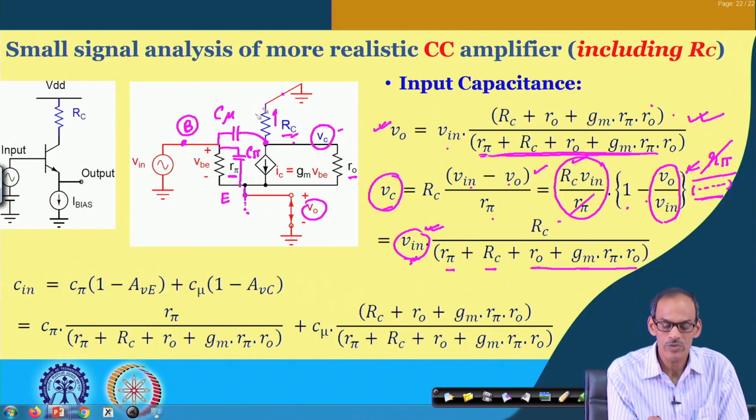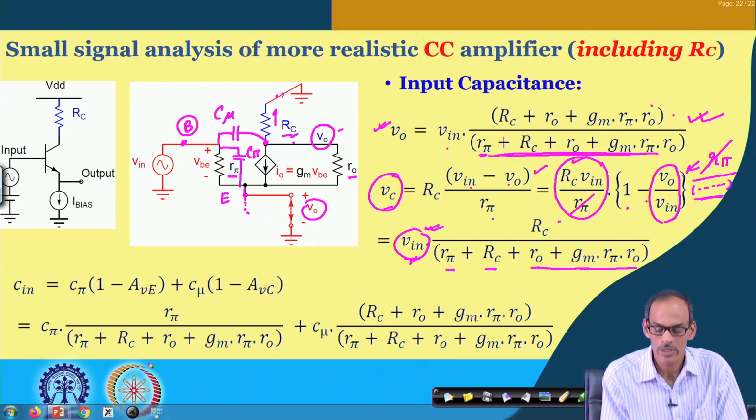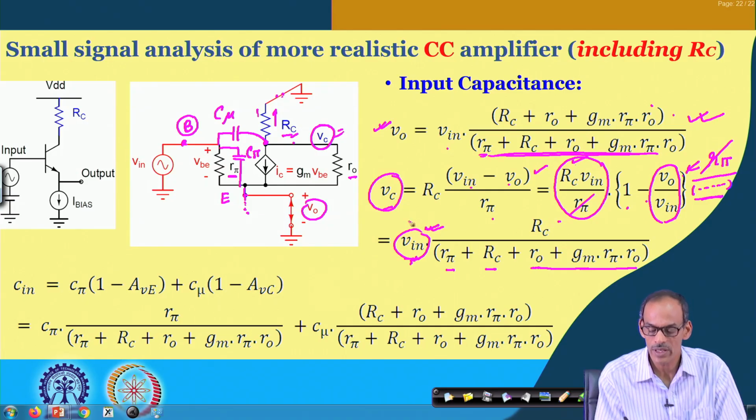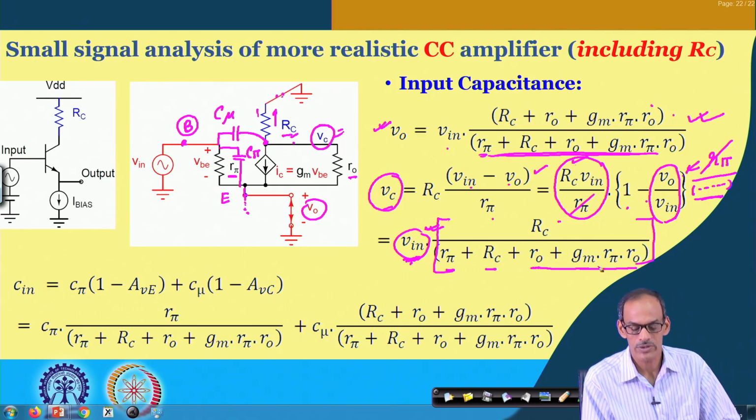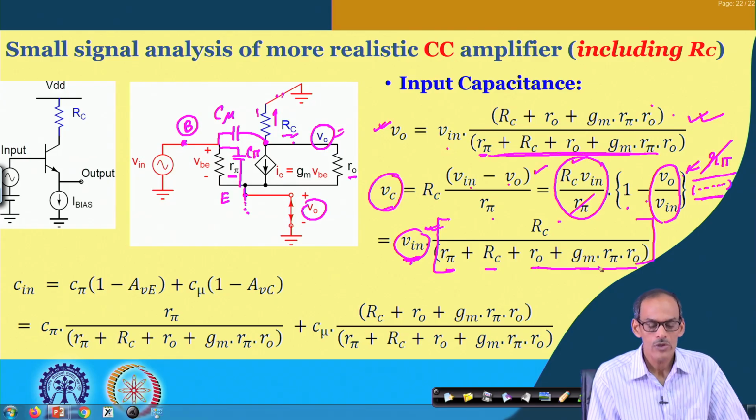So from here to here, that is the impedance, and the drop across this R C is the V C. So you may say that V in is getting potentially divided by this factor. So that makes sense, this expression makes sense.